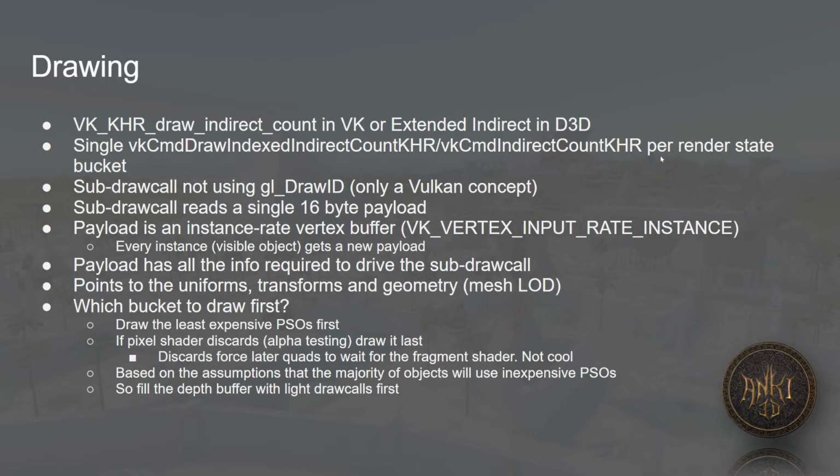So in order to differentiate between the draw calls, we actually use a vertex buffer. This vertex buffer is instance rate, and every instance gets a unique payload, the unique payload that we mentioned before. The payload has all the information a draw call requires, and this is a pointer to uniforms, transforms, and to the mesh LOD if it's not a particle emitter.